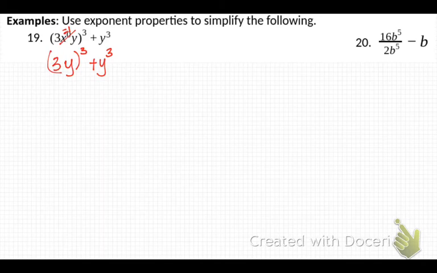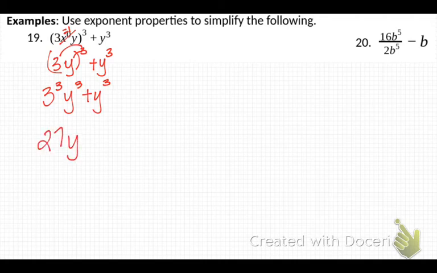Okay. So what do I do next? Yes, distribute. Good. So I have 3 cubed, y cubed, plus y cubed. What is 3 cubed? That is 3 times 3 times 3. It is 27, yes. Y cubed plus y cubed.